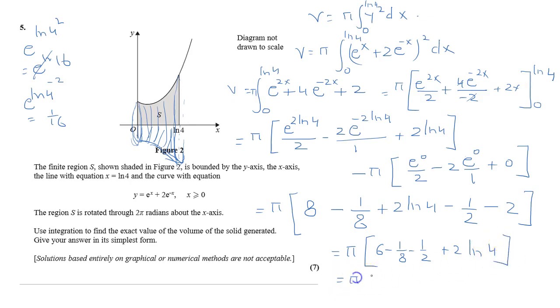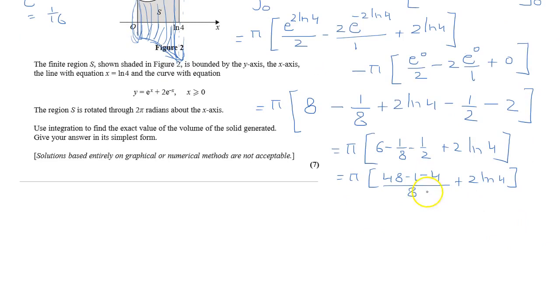So this is pi times 48 minus 1 minus 4 over 8 plus 2 ln 4. So this is equal to pi over 8 times 48 minus 5 is 43 plus 16 ln 4.